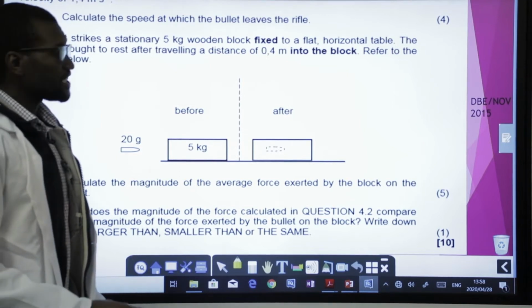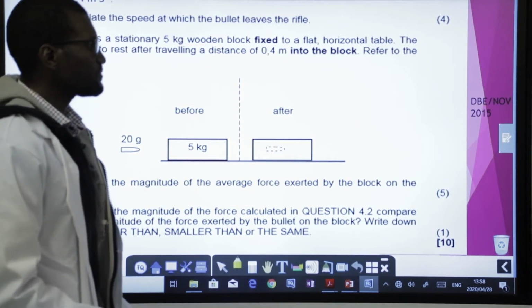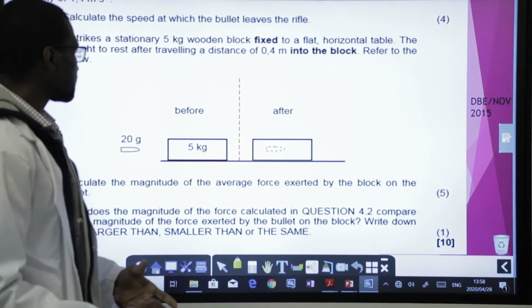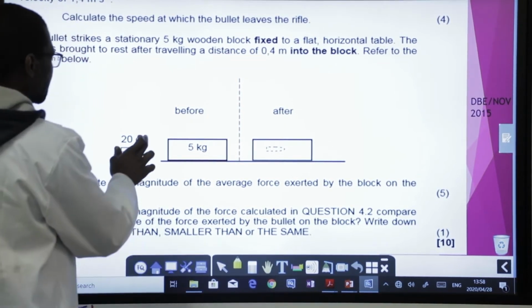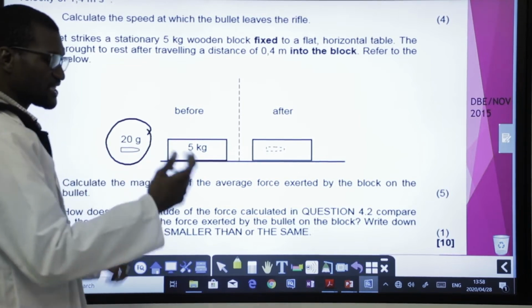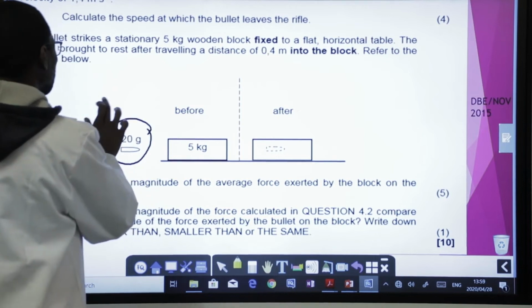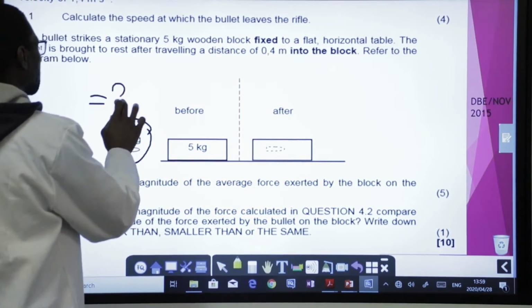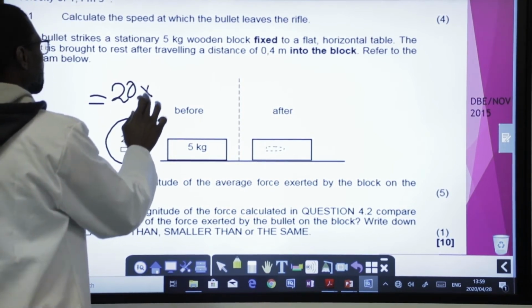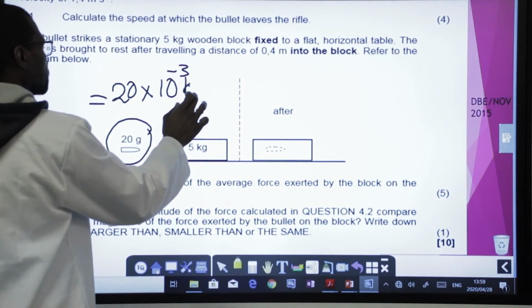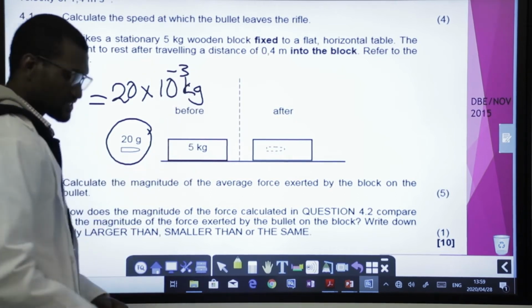Remember that in our calculation of momentum, our mass is always in kilograms, our velocity in meters per second. So when I see 20 grams already, I'm like, oh, I must change these grams to kilograms. Okay, so let me do it quickly. It is equal to 20 times 10 to the power negative 3 kilograms. Okay, just to be on the safe side.